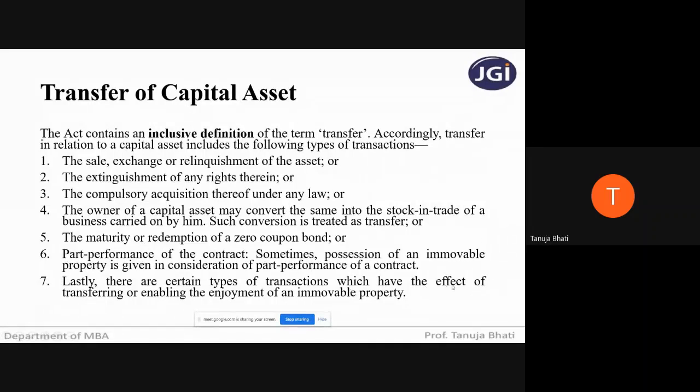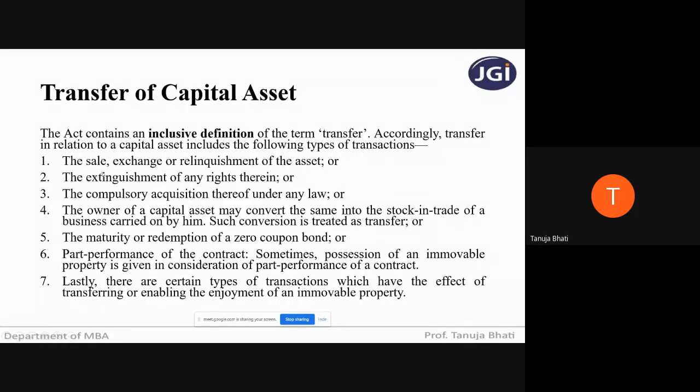Lastly, there are certain types of transactions which have the effect of transferring or enabling the enjoyment of immovable property. So wherever there are transactions where one person is transferring to another person the right to enjoy the property, that is also regarded as transfer. So students, in short, transfer means all these 7 points.